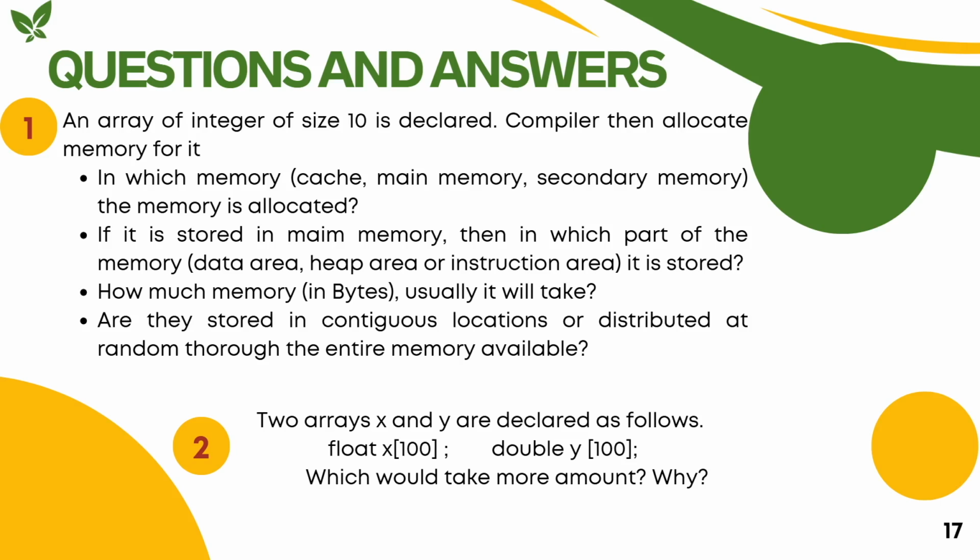You know very well, whenever a program is put to run, its instructions and data are supposed to be available in main memory. So the data will be available in main memory. If it is stored in main memory, in which part would it be stored: data area, heap area or instruction area? Whenever a program is ready for running, we have 3 spaces associated with it.